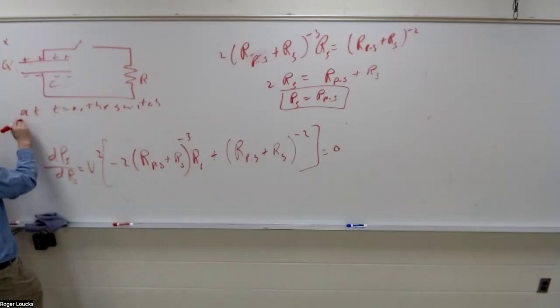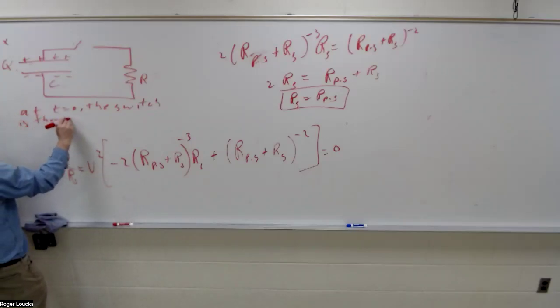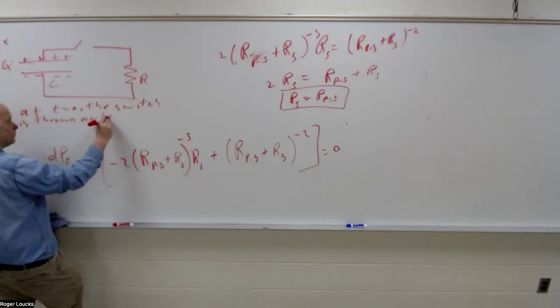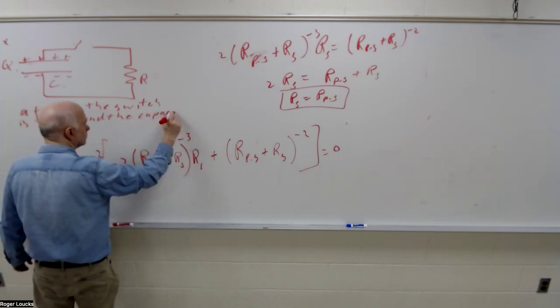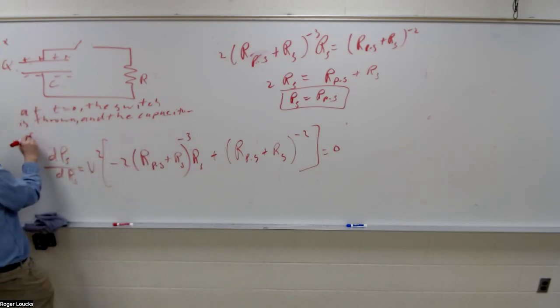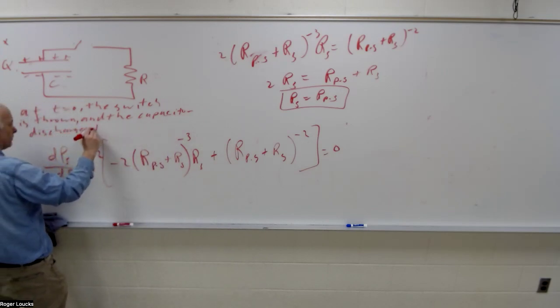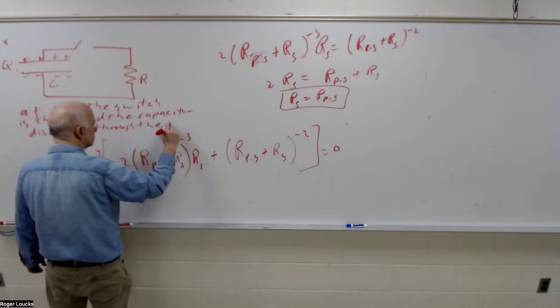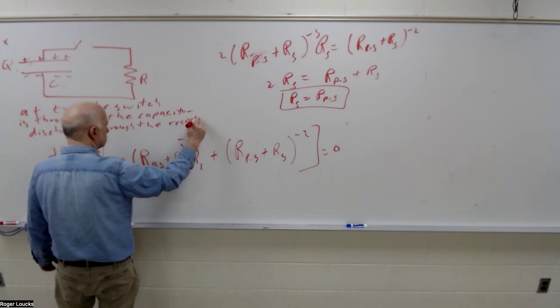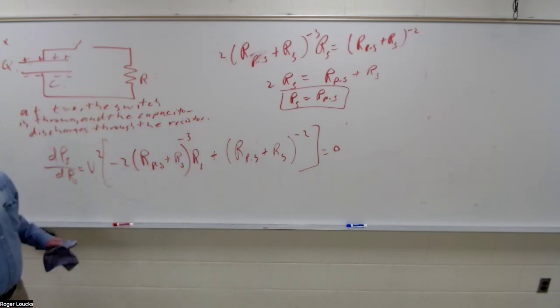The switch is thrown, and the capacitor discharges through the resistor. I want to calculate the total amount of energy dissipated by that resistor.